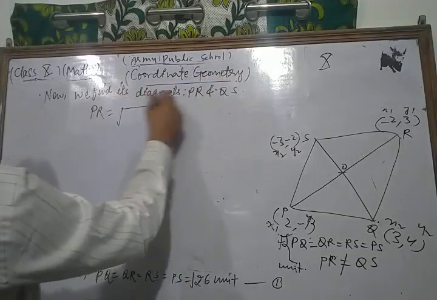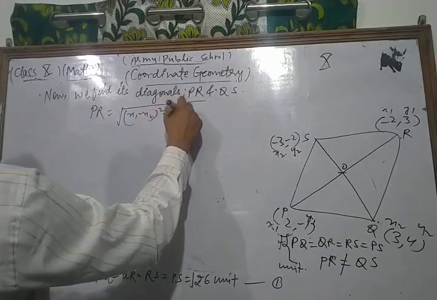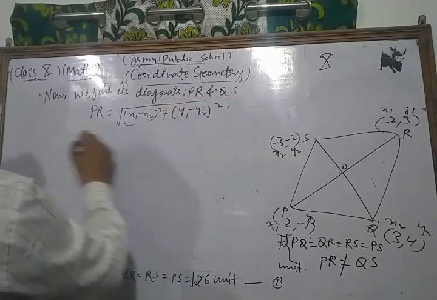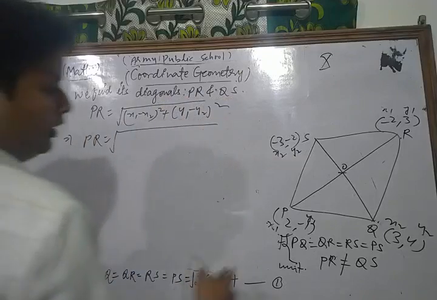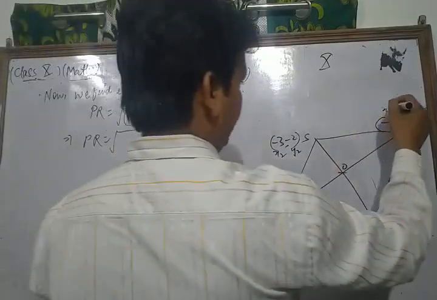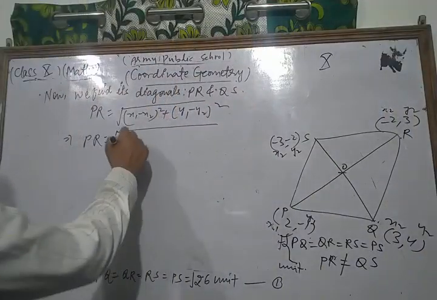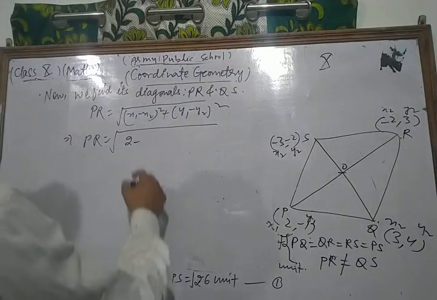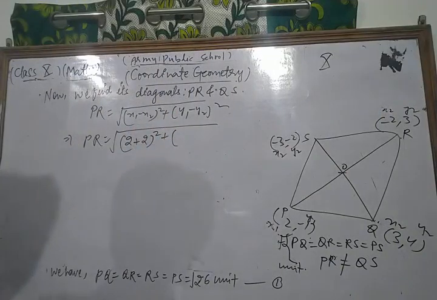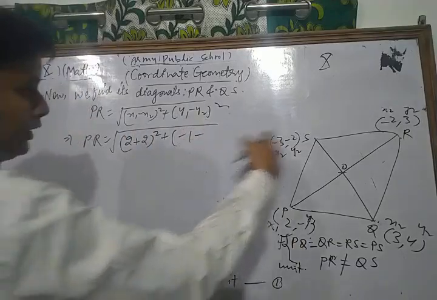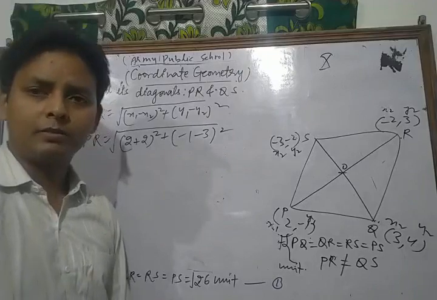So for PR we apply the same distance formula, x1 minus x2 whole square plus y1 minus y2 whole square. So PR is equal to, we take x1 y1 and x2 y2. Now x1 minus x2 whole square, that is x1 is 2 minus x2 is minus 2, this is minus minus plus 2 whole square, plus y1 minus y2, y1 is minus 1 minus y2 is 3 whole square. Okay, now we simplify them.